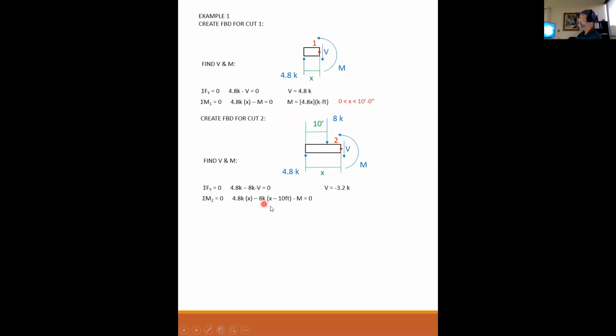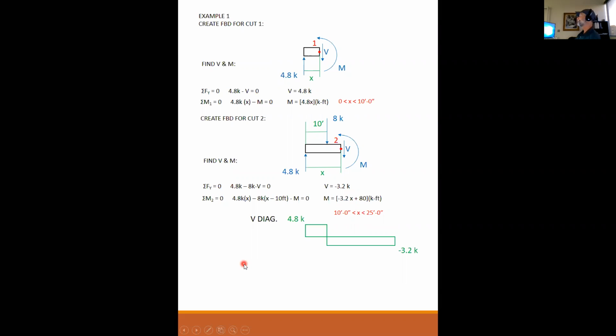So 8 kips times x minus 10, and that's tending to turn it counterclockwise, so that's negative. And the internal moment is tending to turn it counterclockwise, so that is negative as well. Add all this up and simplify it, you get the moment is minus 3.2x plus 80 kip feet, and this is valid between 10 feet and 25 feet.